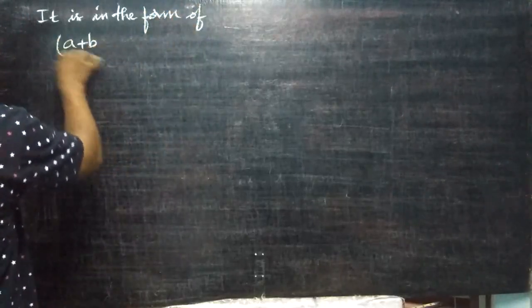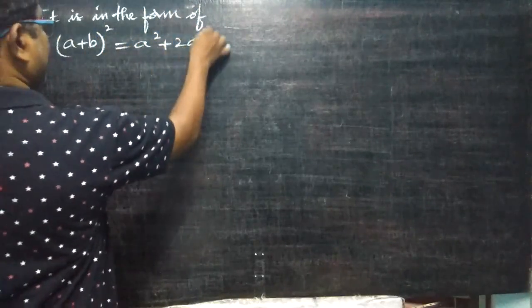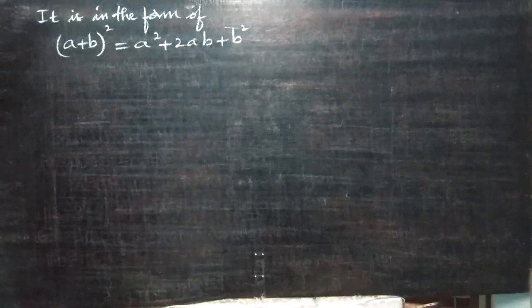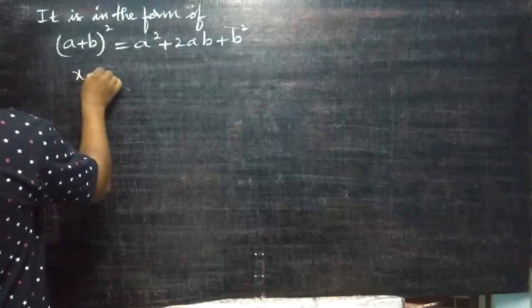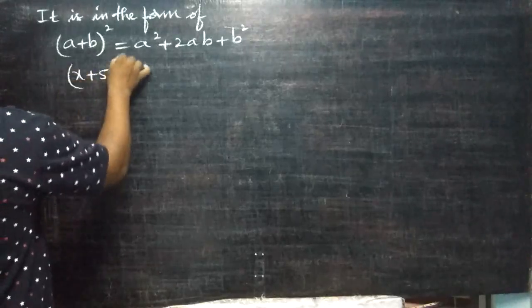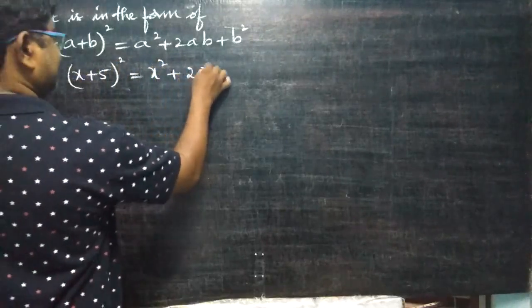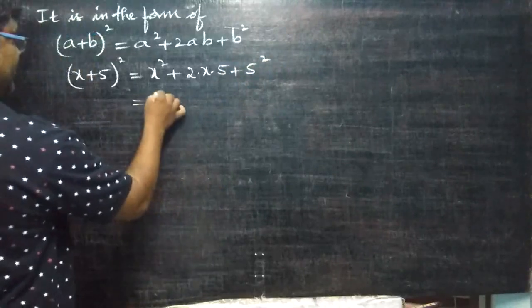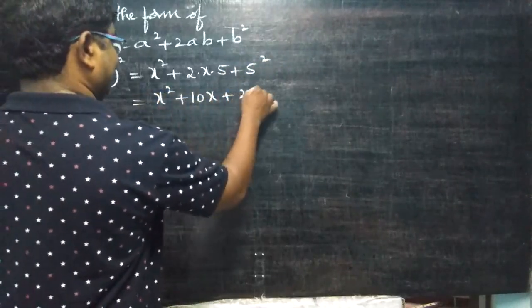a plus b whole square is equal to a square plus 2ab plus b square, because formulas are very important. So now x plus 5 whole square is equal to x square plus 2 into x into 5 plus 5 square, that is x square plus 10x plus 25.